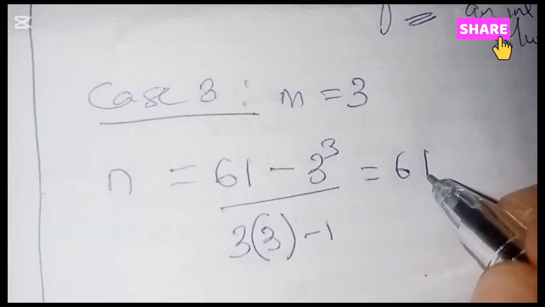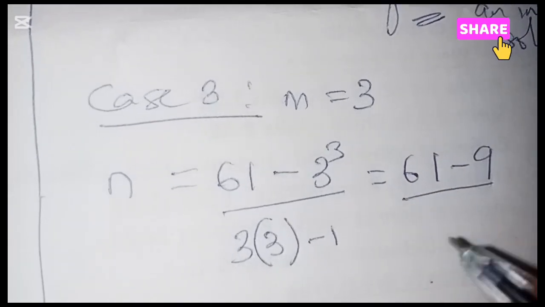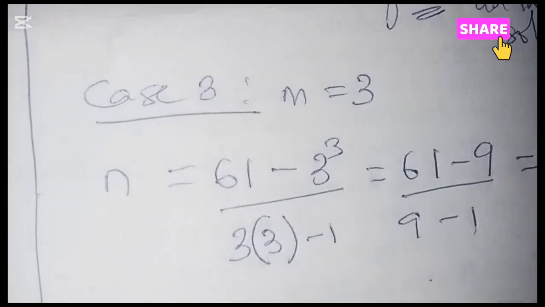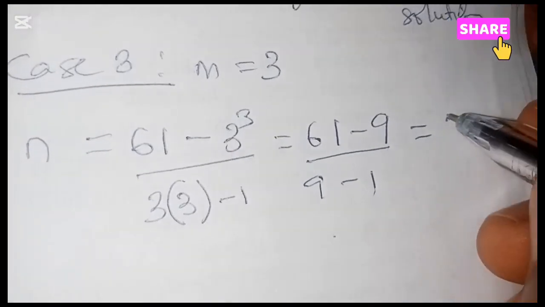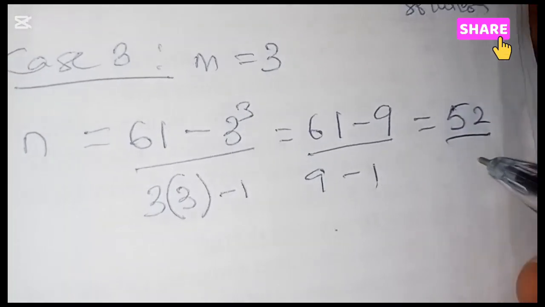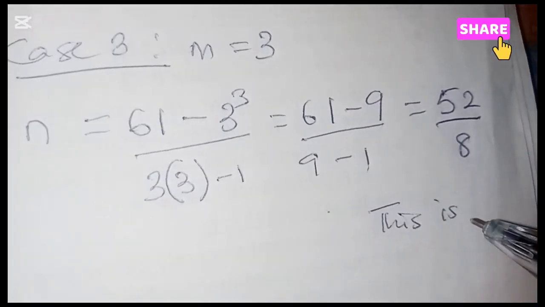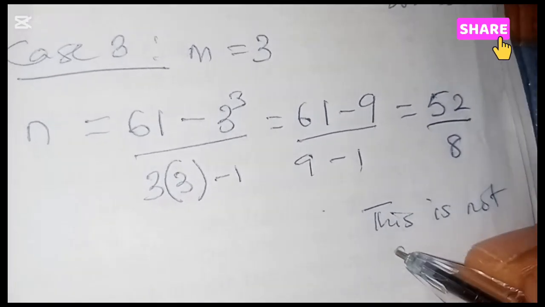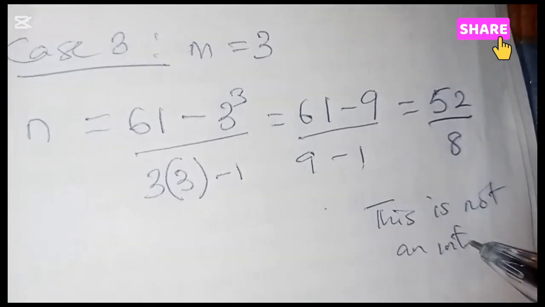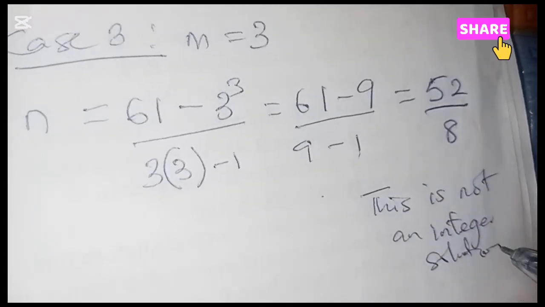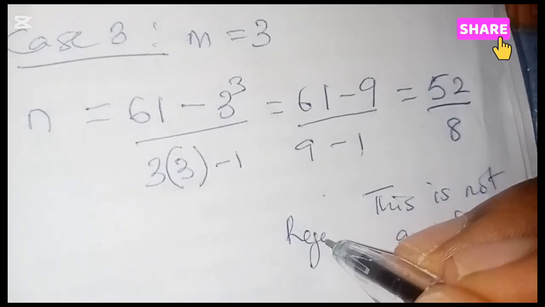This gives us 61 minus 9 all over 9 minus 1. When we subtract this, 52 over 8. This is not an integer solution, and so it is rejected.